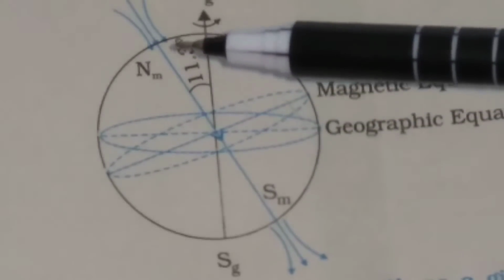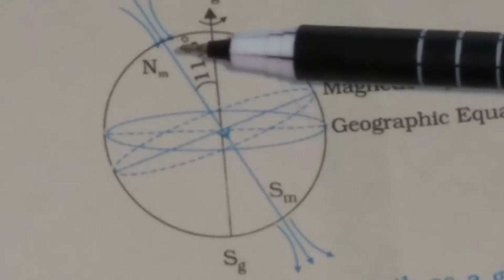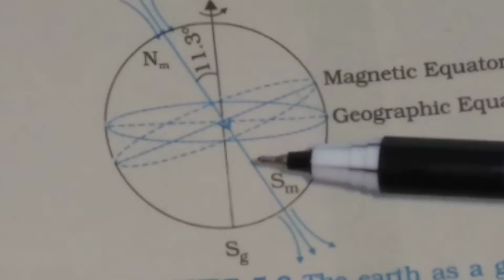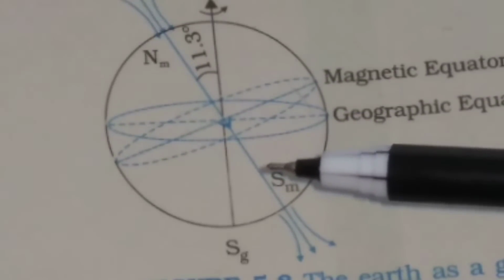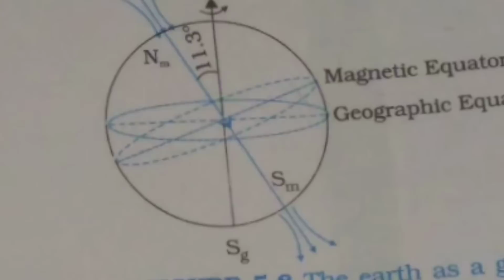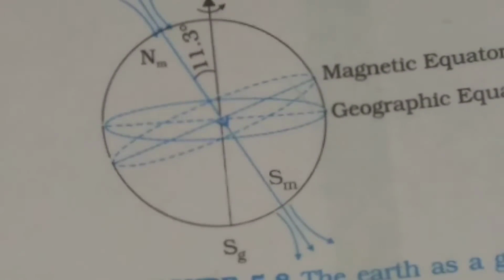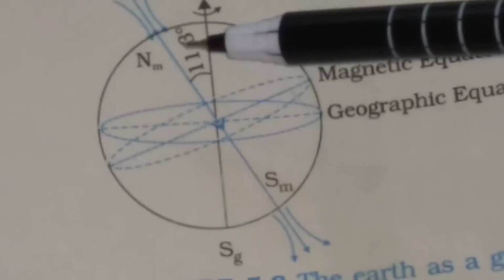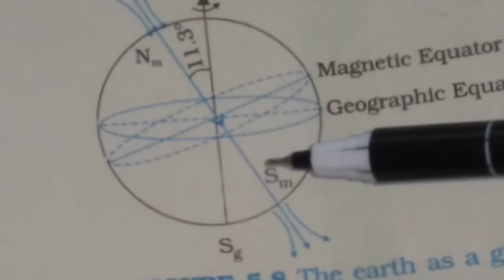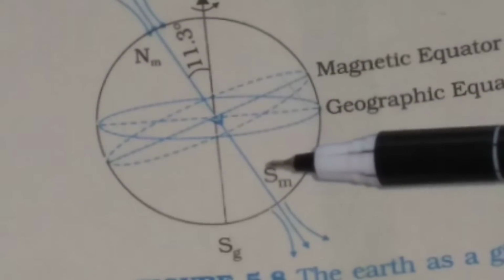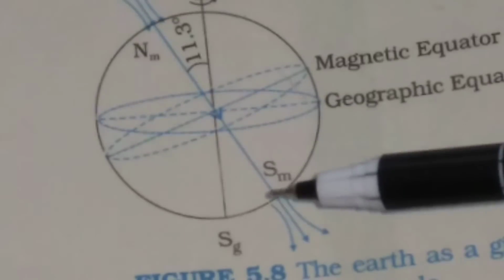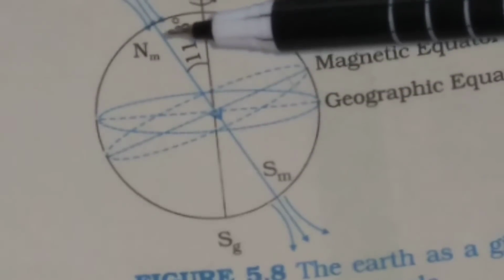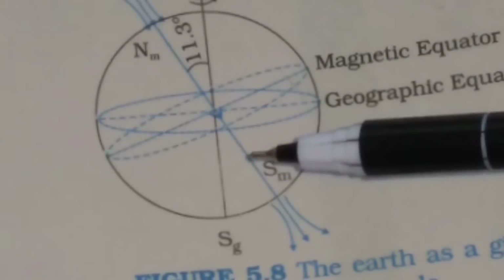So the vertical plane which passes through the imaginary line containing the magnetic north and magnetic south pole is called the magnetic meridian. This magnetic meridian plane would intersect the surface of the earth like a longitude circle.